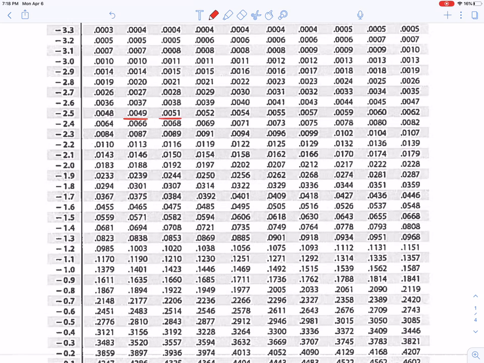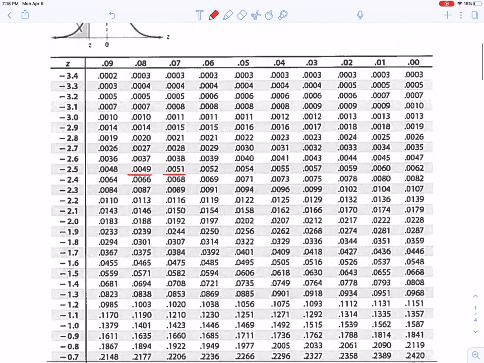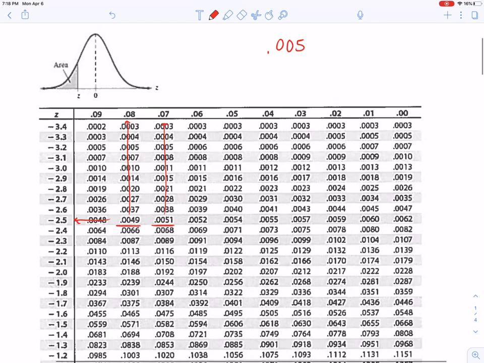These are equally spaced from 0.005. And so what that means is you're going to have to average your z-scores here, negative 2.57 and negative 2.58. And that's going to give me a critical value of negative 2.575.